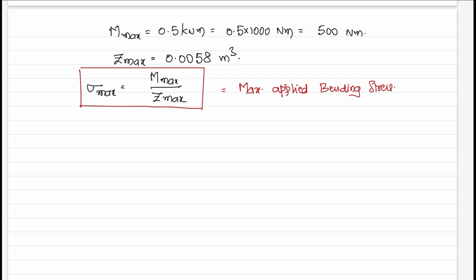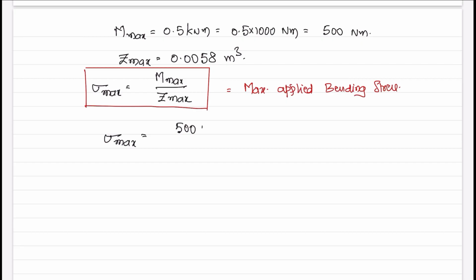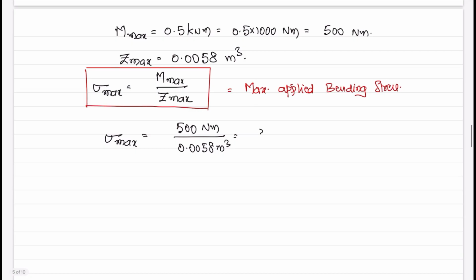Then sigma max is equal to M max, 500 Newton meter, divided by Z max, 0.0058 cubic meter. That is 500 divided by 0.0058, which is 86207 Newton per square meter.